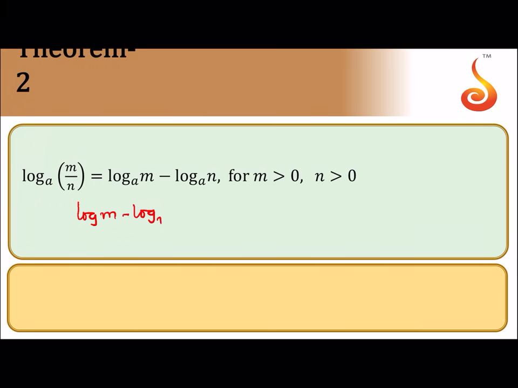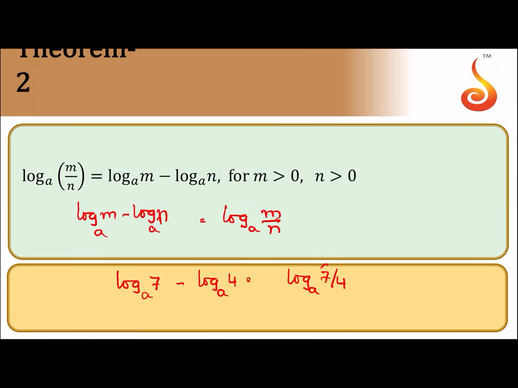Let us do another property now. Property number 3. Log m minus log n, same base, can be written as log base a of m by n. Take an example.